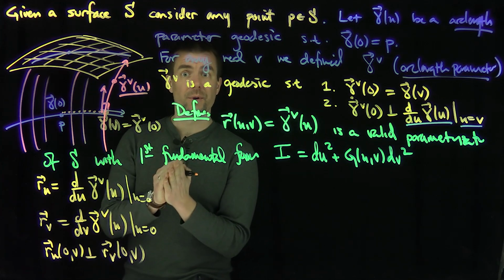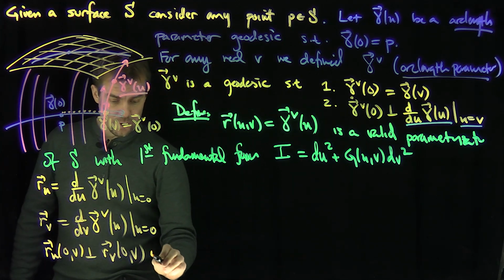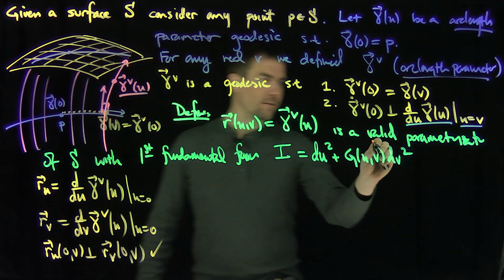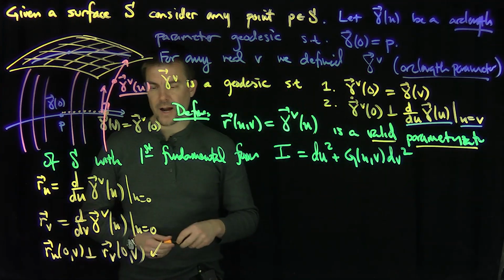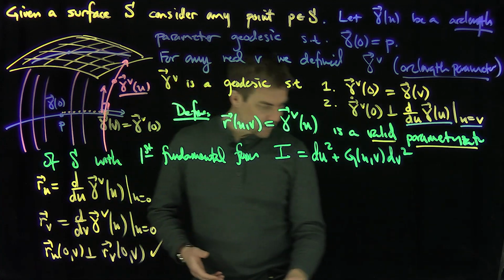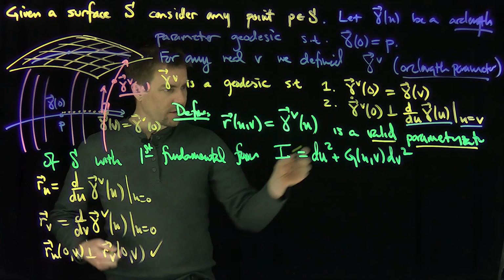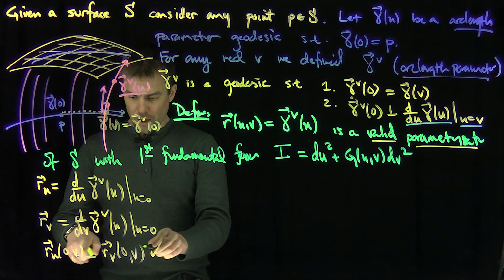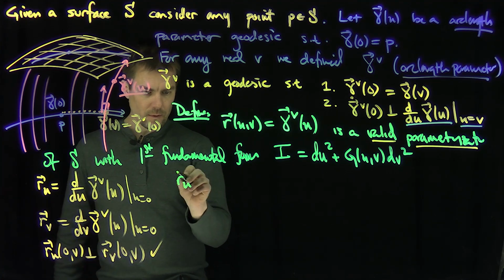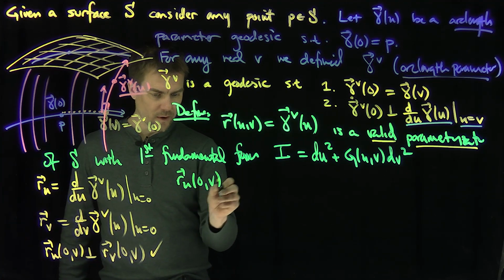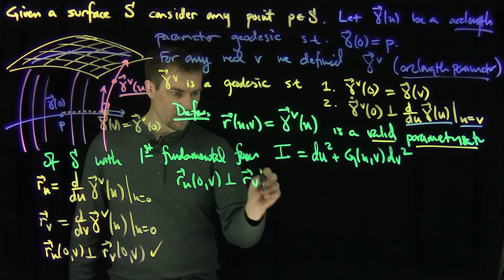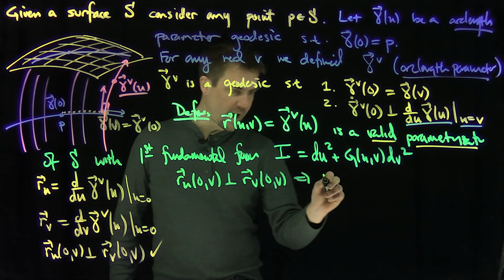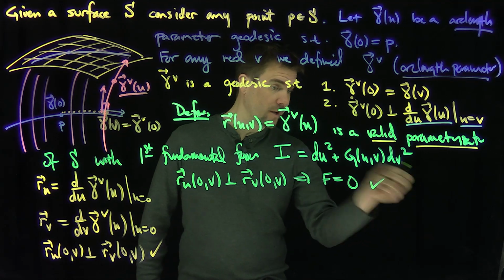So in other words, this means it is a valid parameterization of a surface. Okay, so what would the form be? First of all, r_u(0,v) perpendicular to r_v(0,v) implies that F in the first fundamental form is 0. That's one condition.